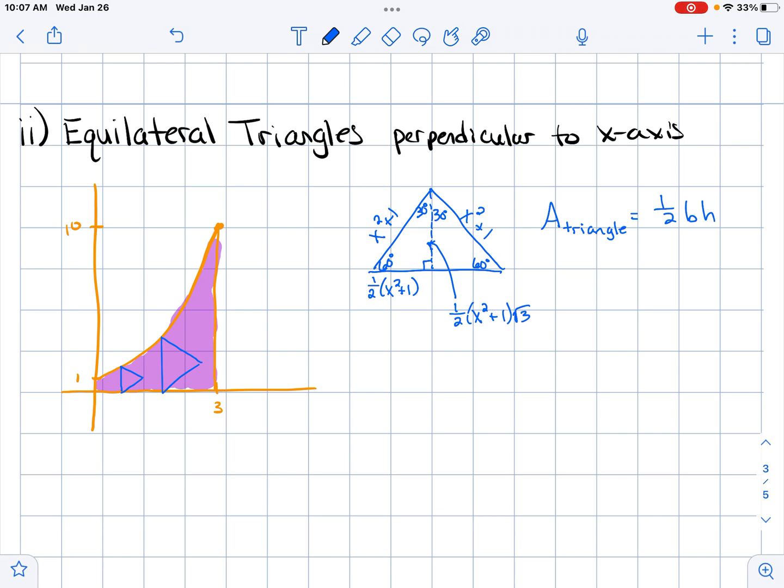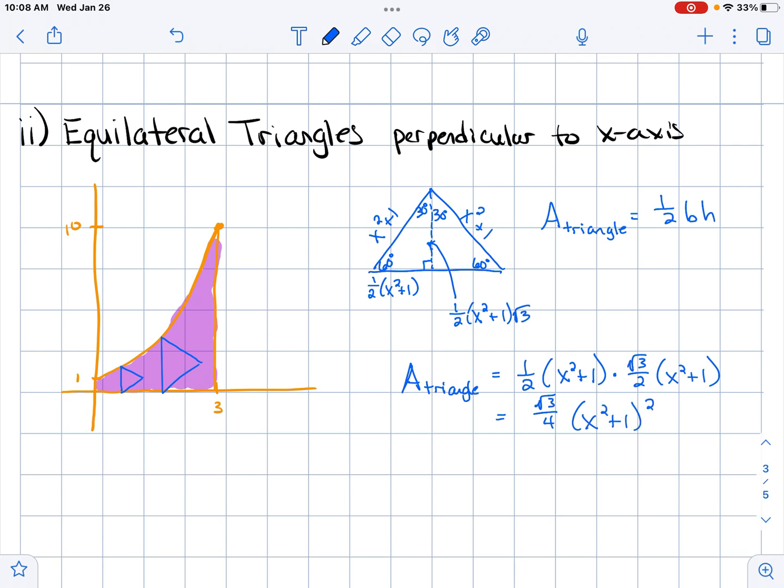Gross, but not bad. So let's look at the area of this triangle. 1/2, the base was x squared plus 1, and the height is root 3 over 2 times (x squared plus 1). So if I simplify that a little bit, the square root of 3 over 4 times (x squared plus 1) squared.